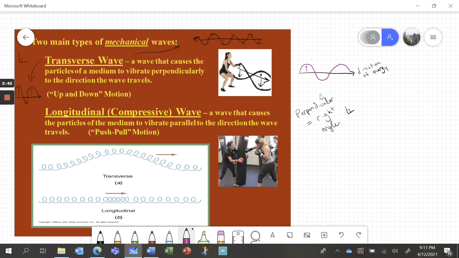It's going to go up and down and up and down. So it travels up and down whenever the direction is sideways.